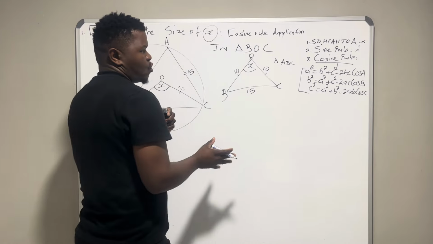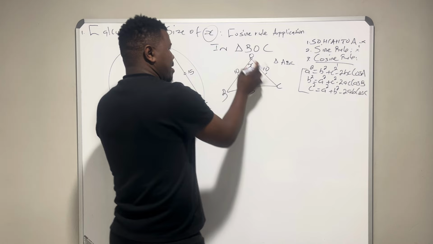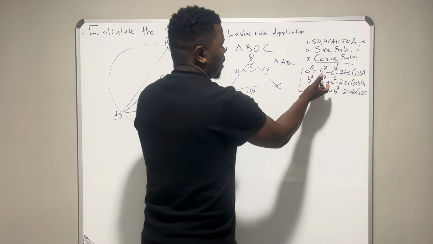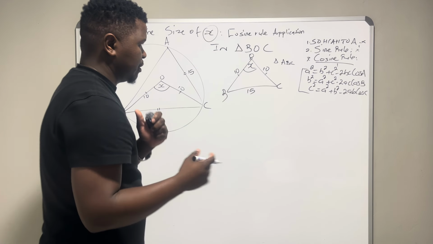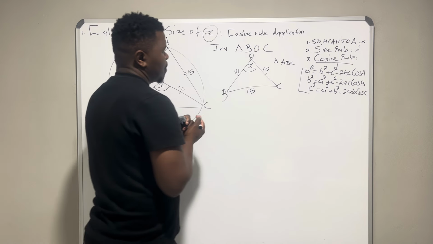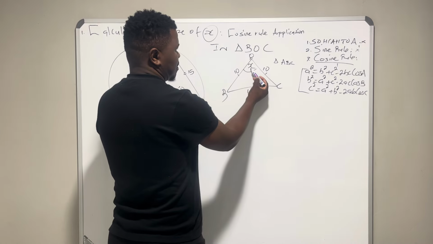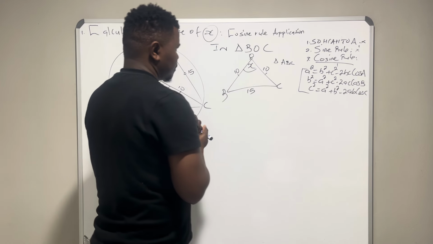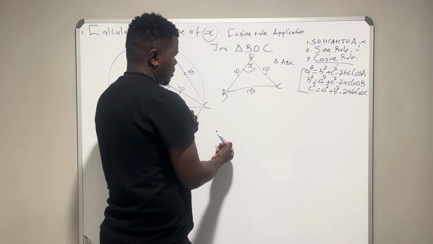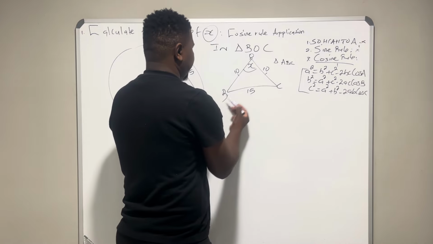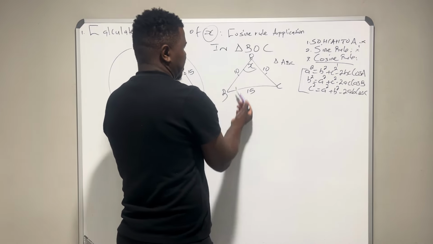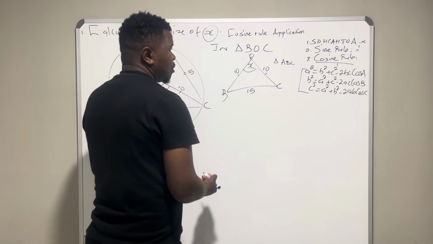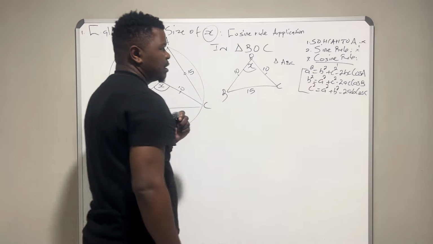So meaning I have to incorporate these vertices BOC, but with the influence of what is known. Now, the point of reference is X, angle X. So X is actually angle O. Angle B is unknown, angle C. And then the sides, BO is actually 10, BC is 15, and then OC is 10 as well. So let's take this and present it in one of these.